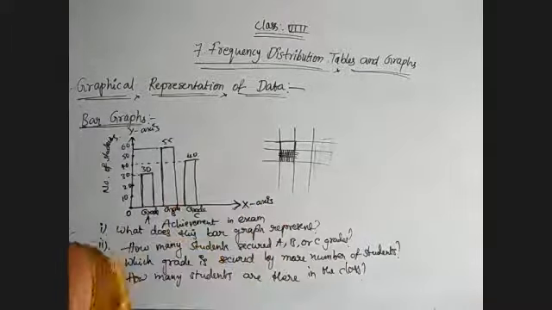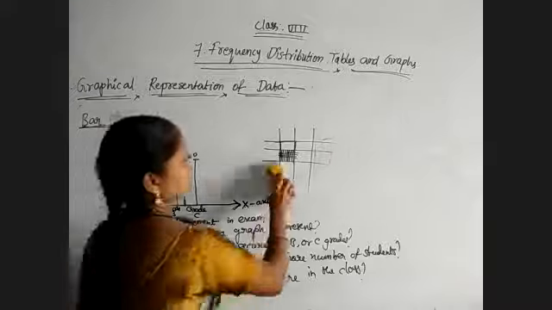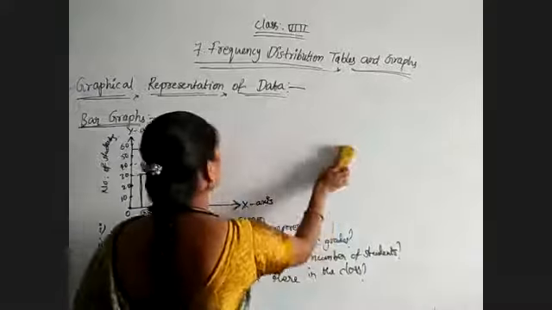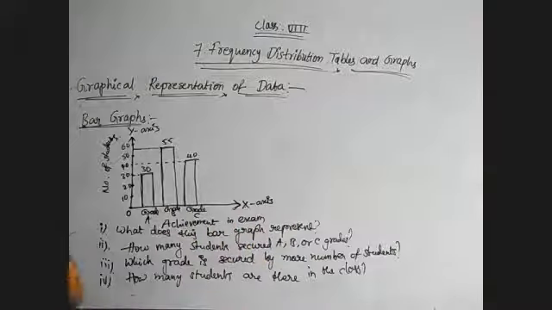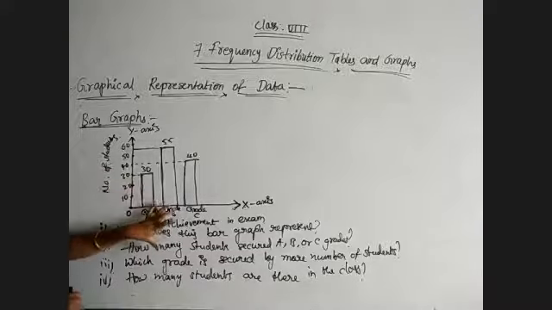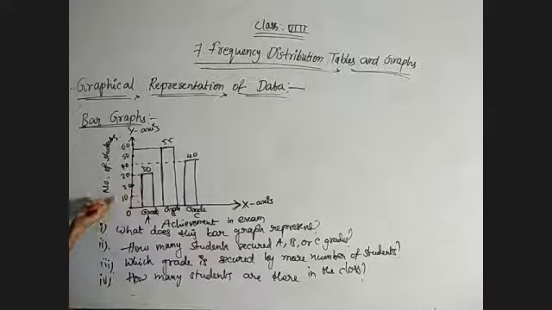So here we will write the answers. Observe the question. What does this bar graph represent? About what information is it showing? Just observe. Performance of the students is shown in this bar graph.